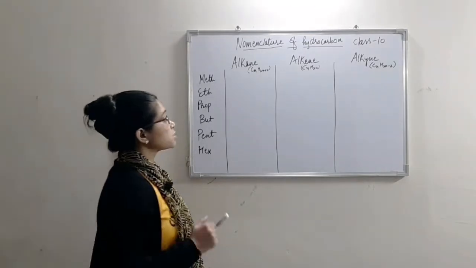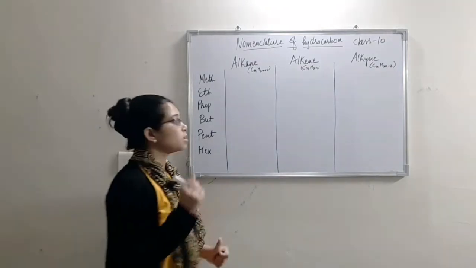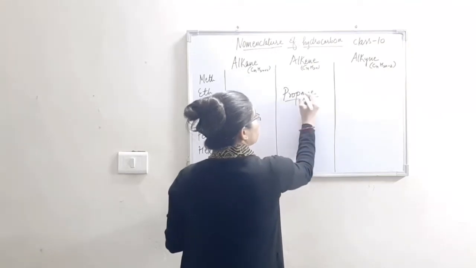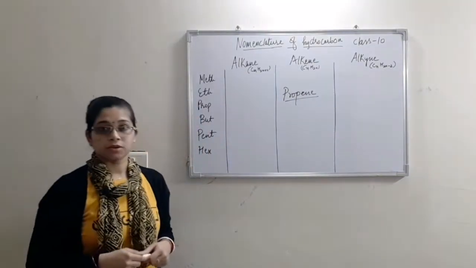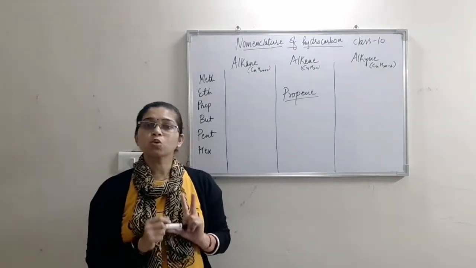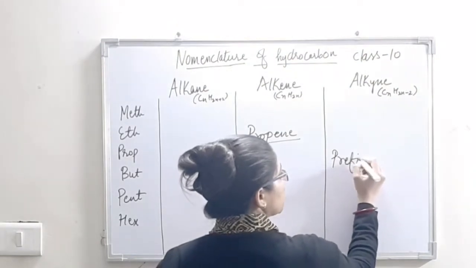First, when you want to write the name of any chemical compound, for example propene, this propene is a hydrocarbon. If you want to write the chemical formula, you'll have to keep two things in your mind, that a prefix and suffix will be used.